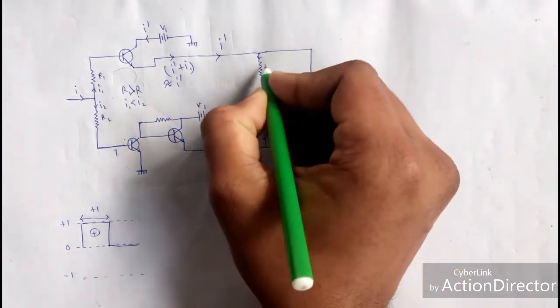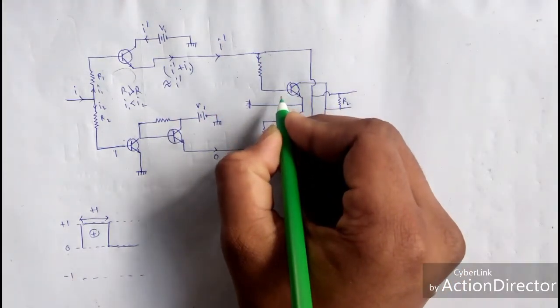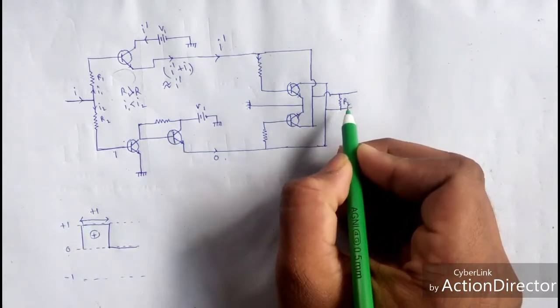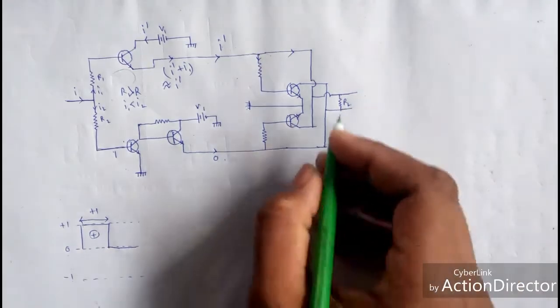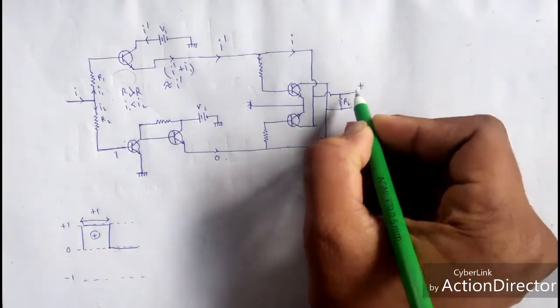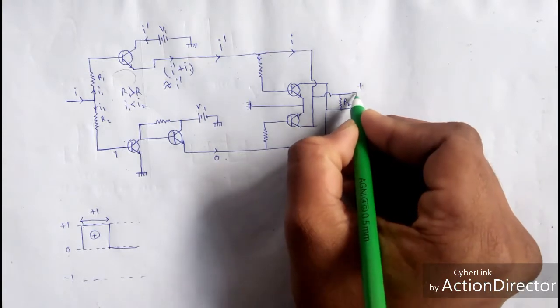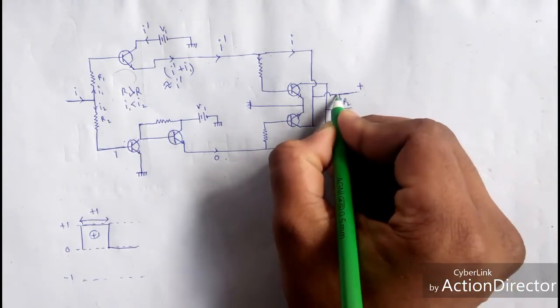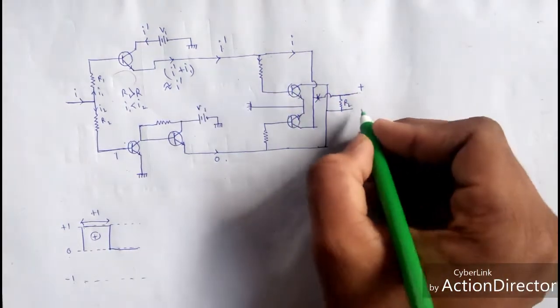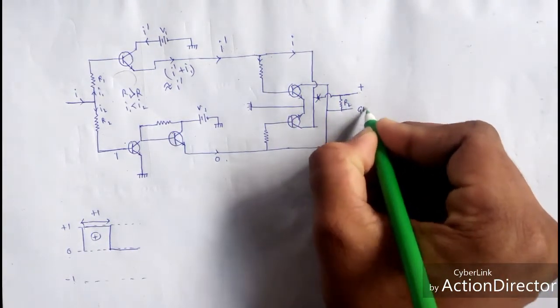So here you will get some current and this transistor will be on. This is load resistance and we will get the voltage across this. From here the main current will approach here and this will become plus in first half, and as the current will go from here, this will act as ground in first half.